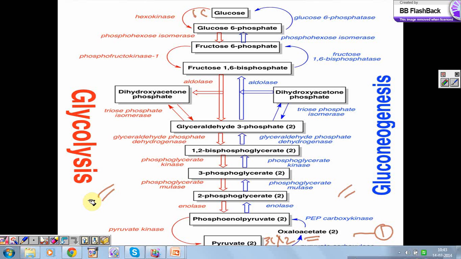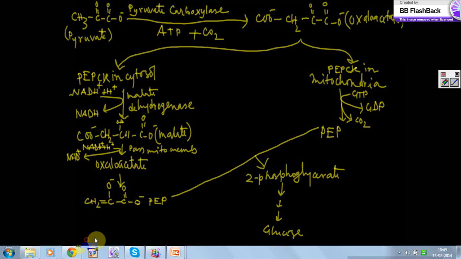Whereas during glycolysis, phosphoenolpyruvate produces pyruvate by the enzyme pyruvate kinase, and one molecule of ATP is produced. So I would like to give details of this portion of the pathway in this slide.